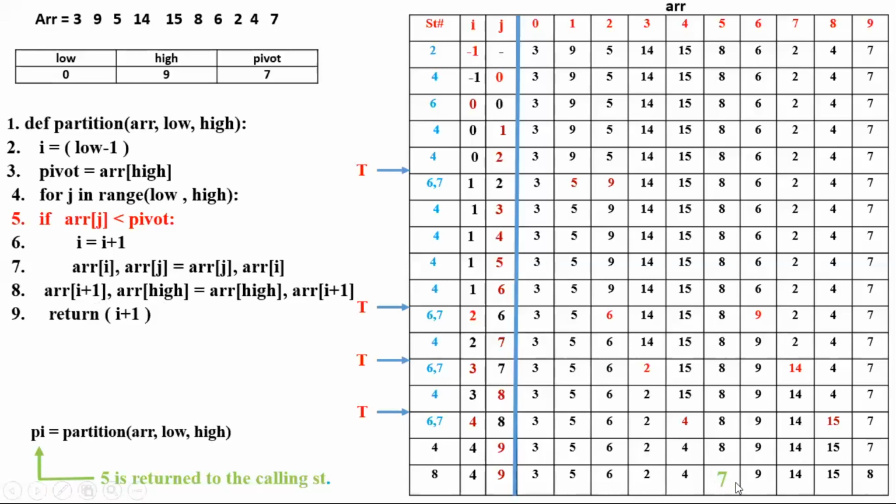Now the pivot is in index 5. We return i plus 1, which is the index of the pivot, to the calling function. Do you see here all the elements on the left are less than the pivot and on the right greater than the pivot?